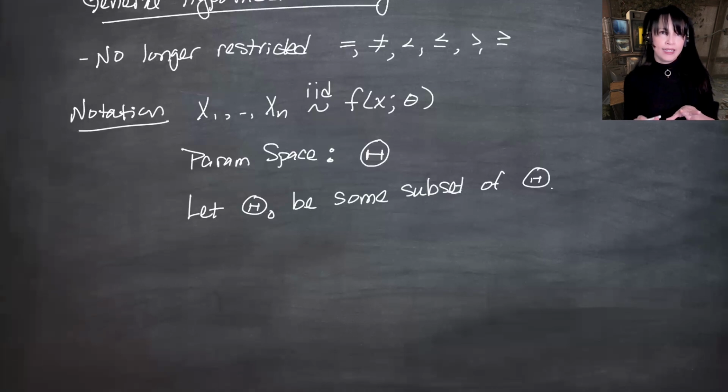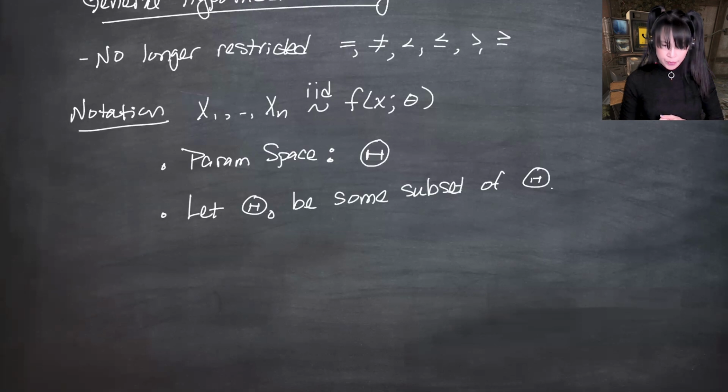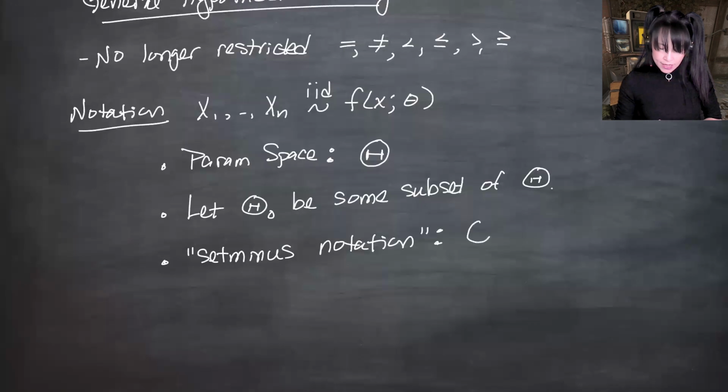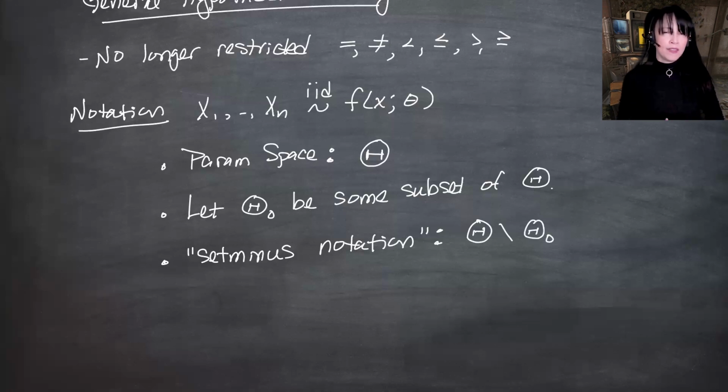And then before I state our generic hypotheses, I wanted to talk to you about set subtraction, or sometimes this is called set minus notation. If we write theta and then a backslash, theta naught, this is everything that's in theta but outside of theta naught. So it's a complement of theta naught.